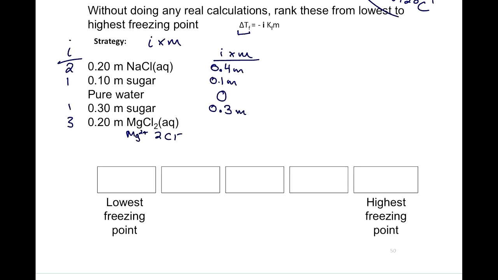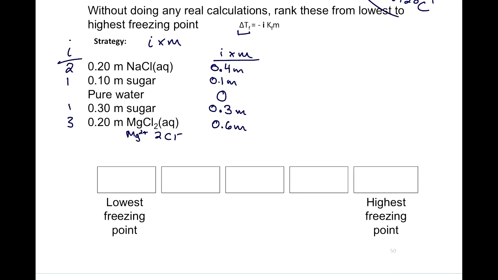And then, what is the i times m product for that last one? 0.6, yes. So these i times m products are the concentration of solute particles present in all of these solutions. Just looking at these numbers, which one is going to deviate the most from the normal freezing point of water? The one that's most concentrated, right? So it's going to be the magnesium chloride.